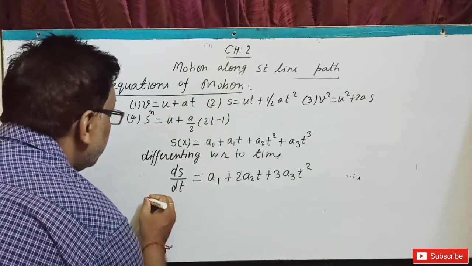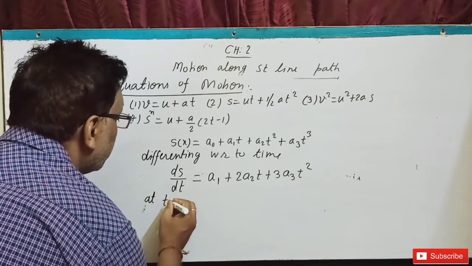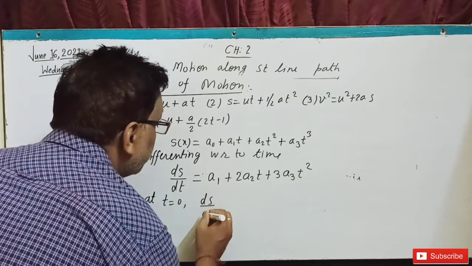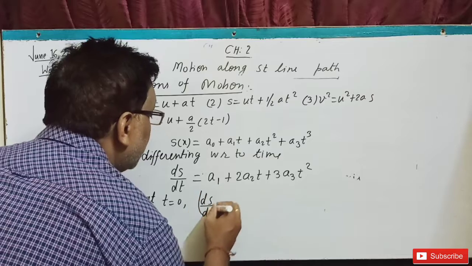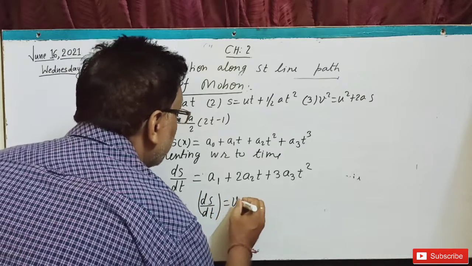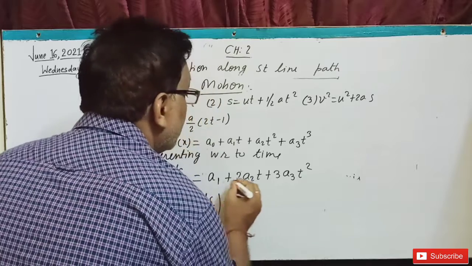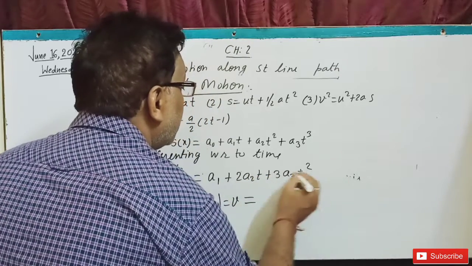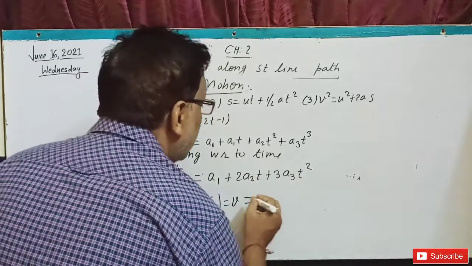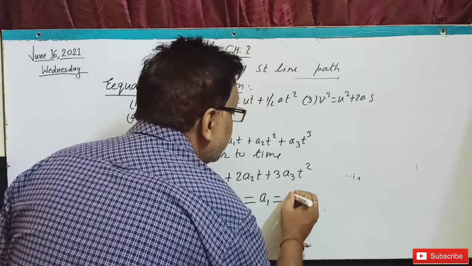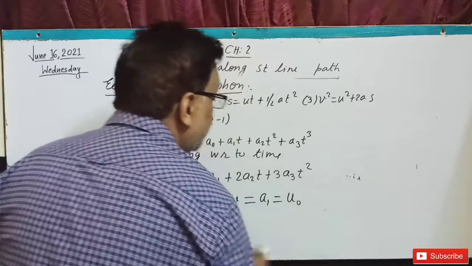Now at t is equal to 0, ds upon dt, that is velocity, is given to you. Here all these terms should be cancelled and we get only a1. So a1 is the initial velocity, u0.